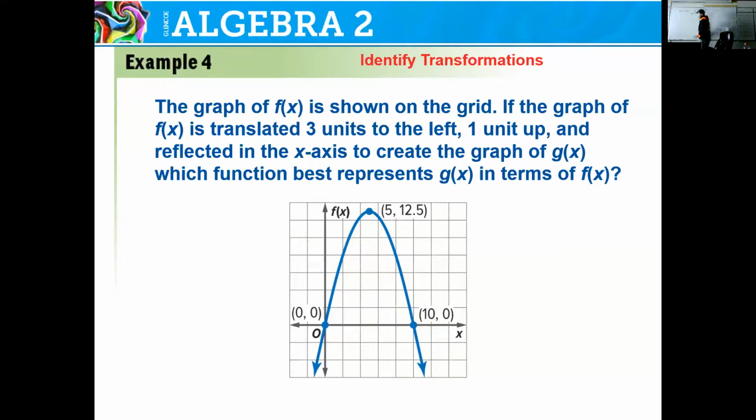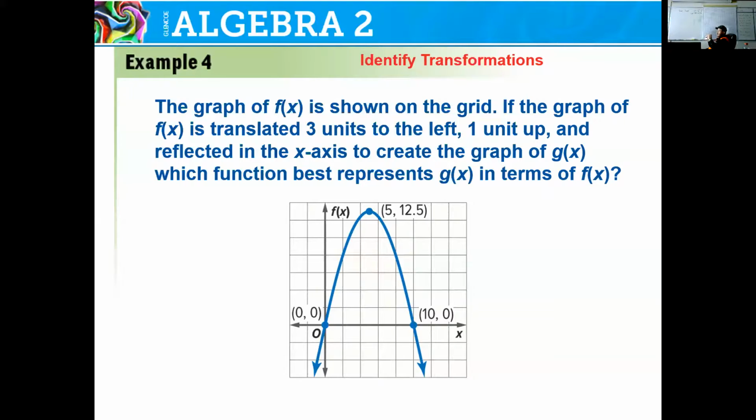If you look at that, we can clearly see that if we were comparing it to the absolute parent graph of x squared, that graph has been flipped over the x-axis, so it has a negative a value. It's been slid 5 units to the right. It's been slid 12.5 units up because our vertex is no longer on 0, 0.